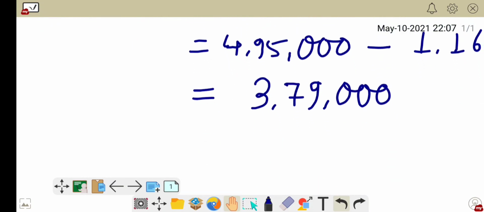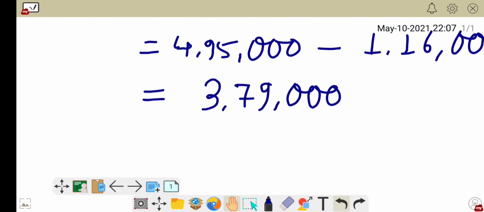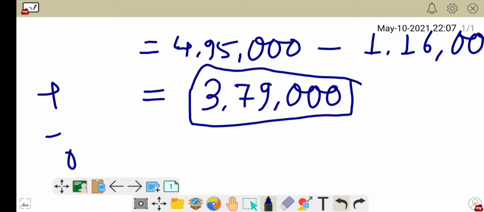Before making the comment, I want to clarify some information. In our last class we already studied that there are different kinds of results. EVA can be positive, EVA can be negative, and EVA can be zero. 3,79,000 is a positive answer.